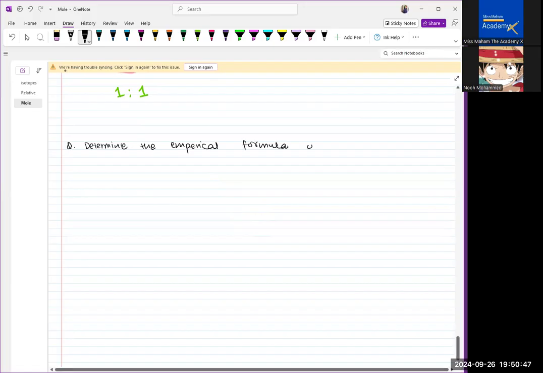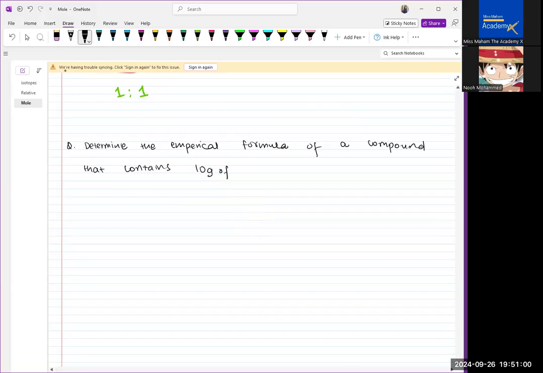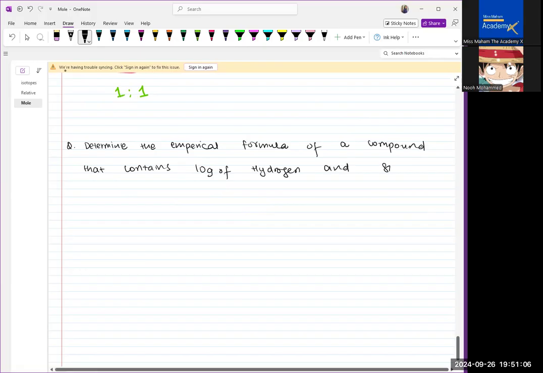Determine the empirical formula of a compound that contains 10 grams of hydrogen and 80 grams of oxygen.